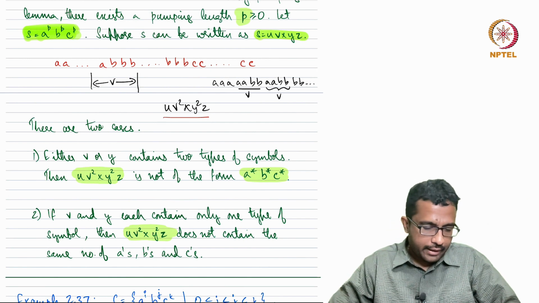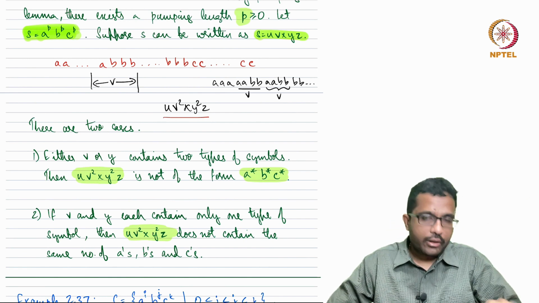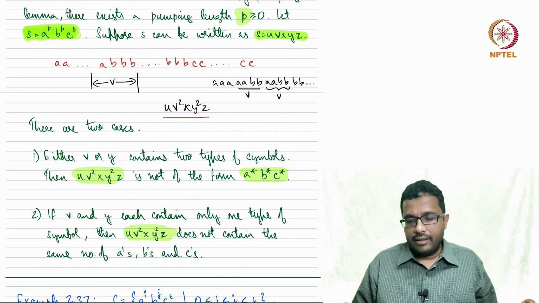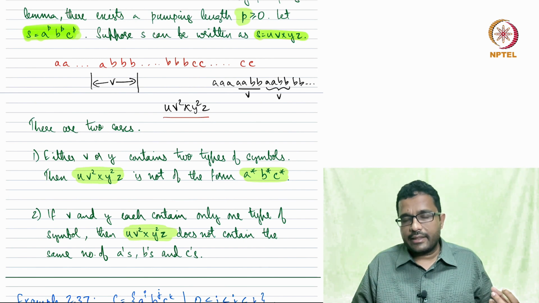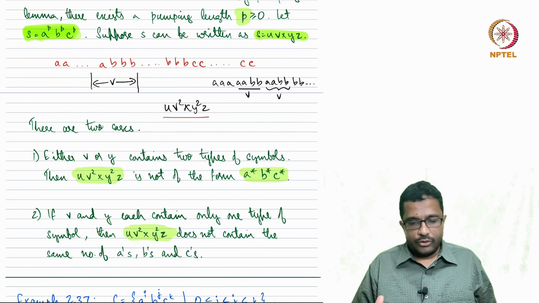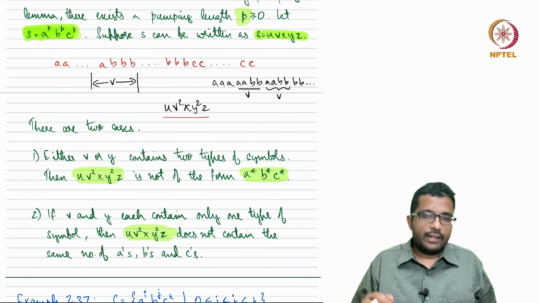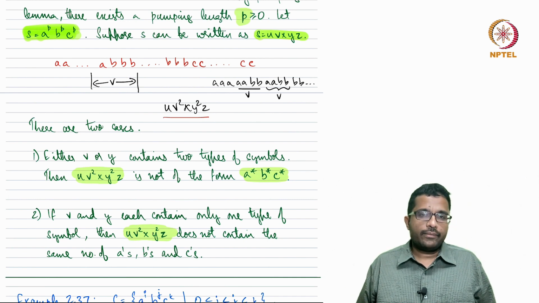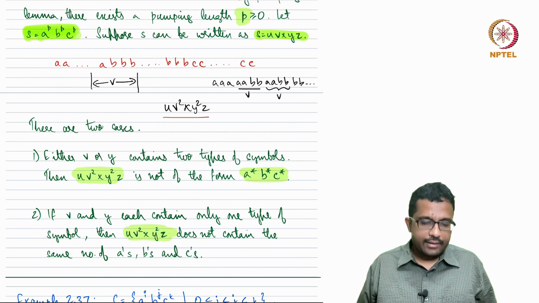So whichever way you take, v and y cannot span all three symbols, and hence either it loses in structure or the count. Whichever be the case, the resulting string is not in the language B, hence the language is not context free.